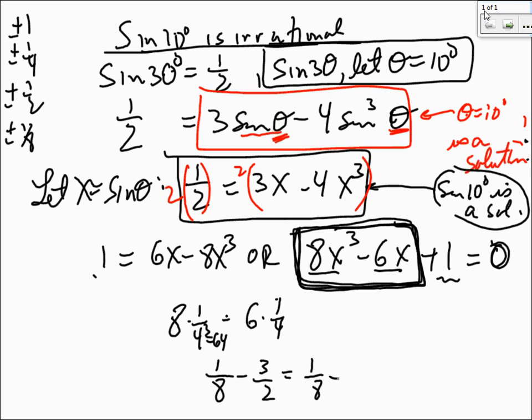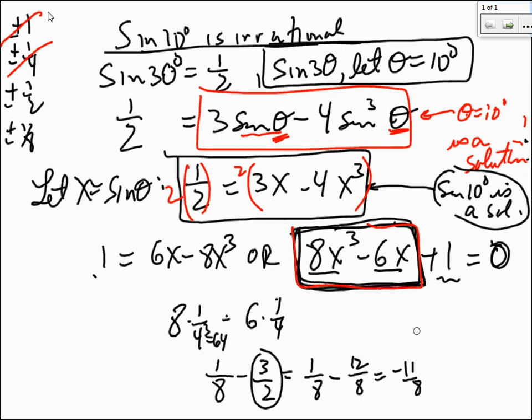I mean, this is 1/8 minus, multiplied by 4 top and bottom, you get negative 11/8. Plus or minus that is not negative 1. Again, we want this to be negative 1. So plus minus 1 didn't work. Plus minus a quarter didn't work.